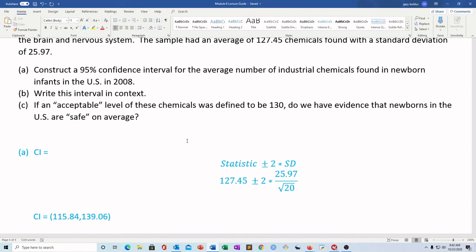So what would it mean to be safe? We would want to make sure that 130 or less was our plausible value, right? So we want to make sure the plausible values for this average amount of chemicals is 130 or less. Right? They're not going to be safe if there's a plausible value bigger than 130.